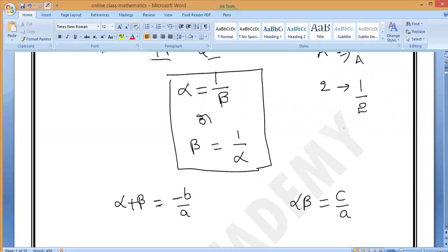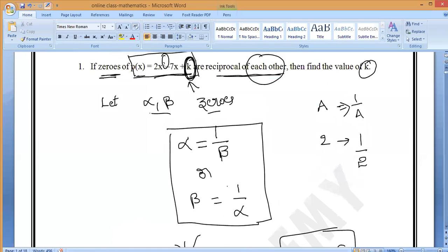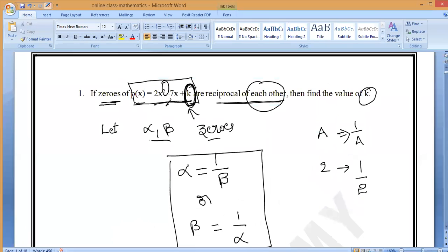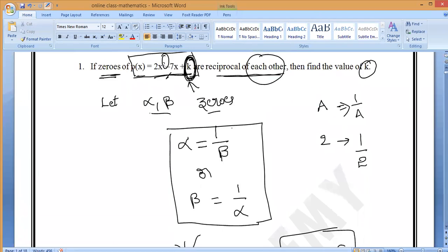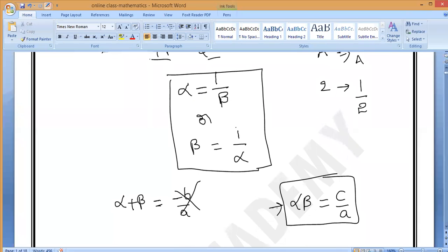The second equation, correct? We don't want the first equation. B and A values are already given. We want only the c value. So consider the second equation. Do you understand?